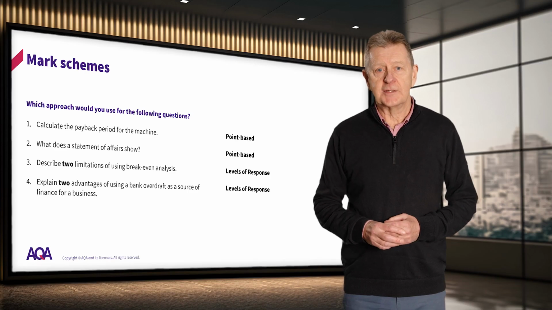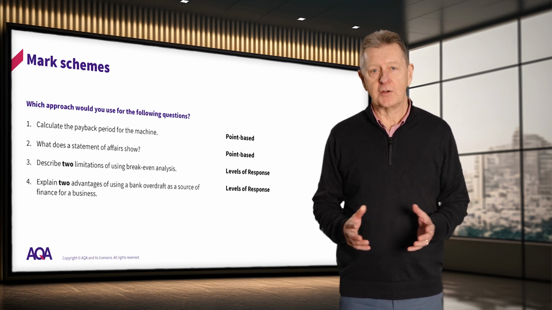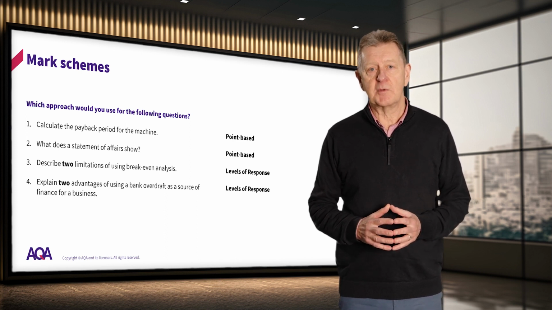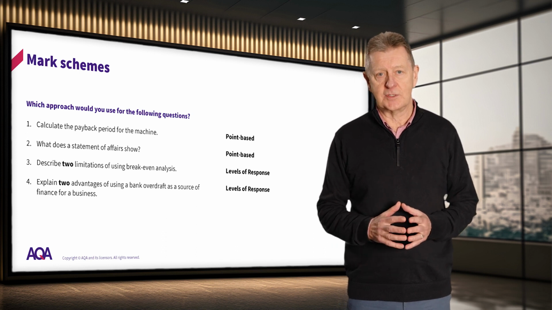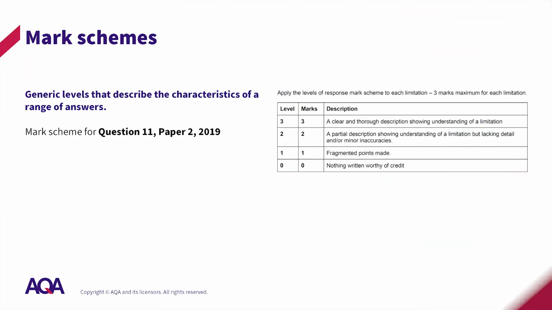In order to delve into the levels of response mark schemes a little deeper, let's have a look at the mark scheme for question 3, which some of you may have recognised as a question from the 2019 series. The mark scheme for the question "Describe two limitations of using break-even analysis" is a level of response mark scheme. And as you can see, the levels given are generic and describe the characteristics of answers ranging from strong to weak.